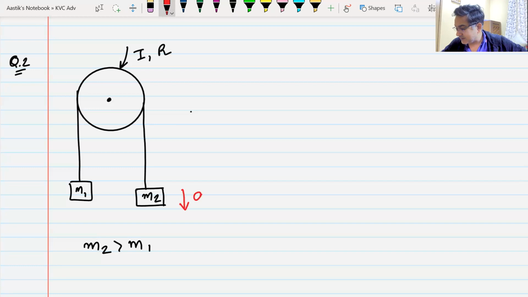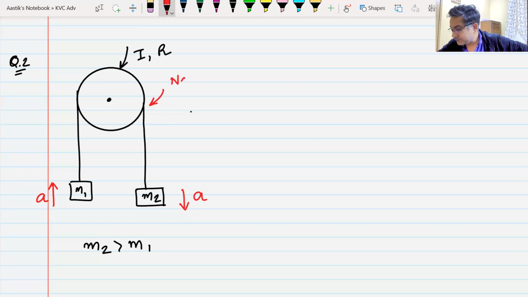If I say that the acceleration is A, what will be the acceleration of this block? That will also be A, sir. Chalo, thank God. So it will fall down with A. This will move the other way. What about the pulley? Is anything going to happen with the pulley or not? No, the pulley remains like this. Remember, there is no slipping.